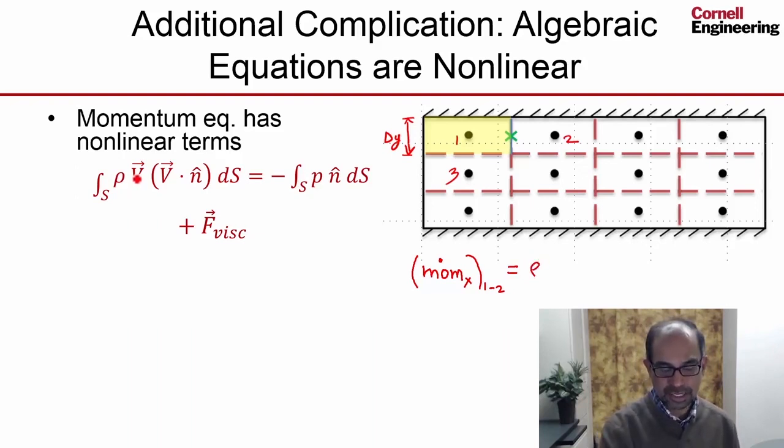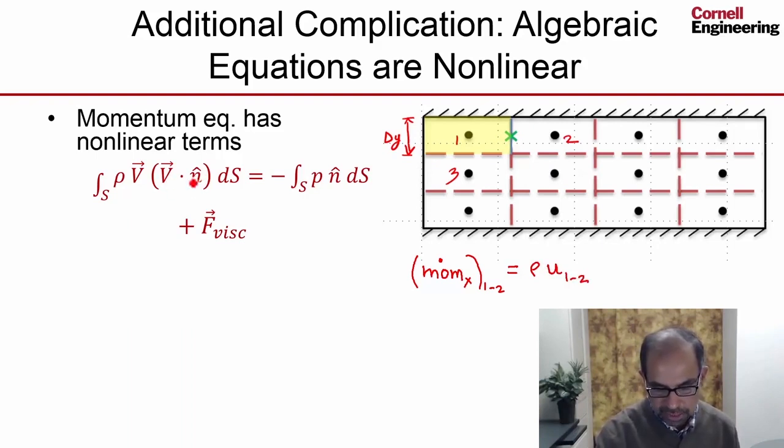We're looking at the x component of velocity, and so we need the velocity over this face, and we'll assume that it's constant and equal to the value at the center like we did before. So that'll give us u12.